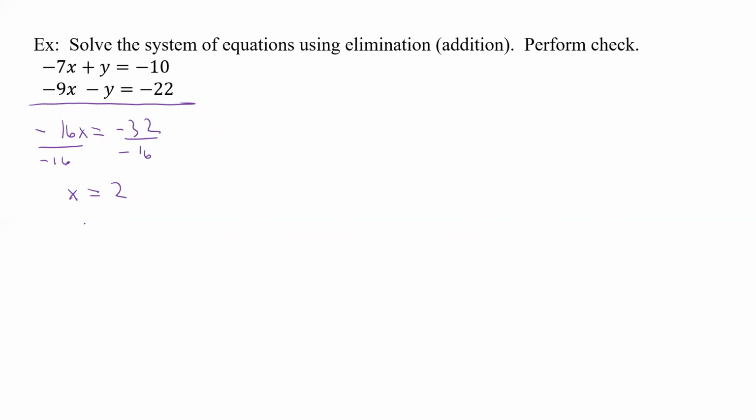All right, so that was pretty simple. Let's plug that into the top one because we already have it for y, so we'd just get negative 7 times 2 plus y equals negative 10. Well, that's a minus 14, so if we add 14 to both sides, that gives us y equals 4. So now we're saying our solution to the system is 2 comma 4.